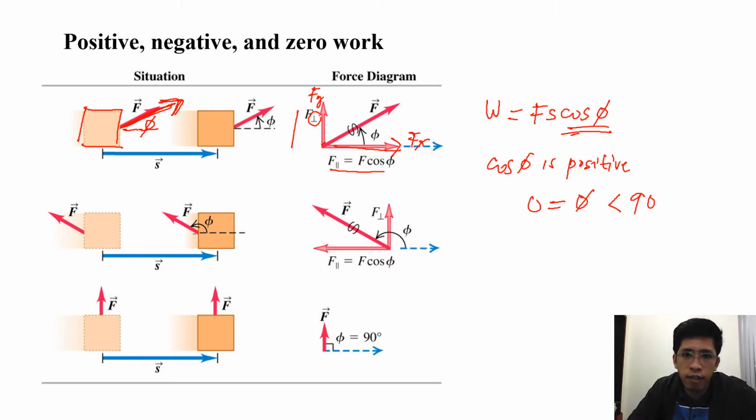If you have cosine zero, that means your force and your displacement are in the same direction. You have cosine zero, so that is equal to 1. So you have your maximum work done. So this can be positive when your angle phi is equal to 0 but is less than 90 degrees.